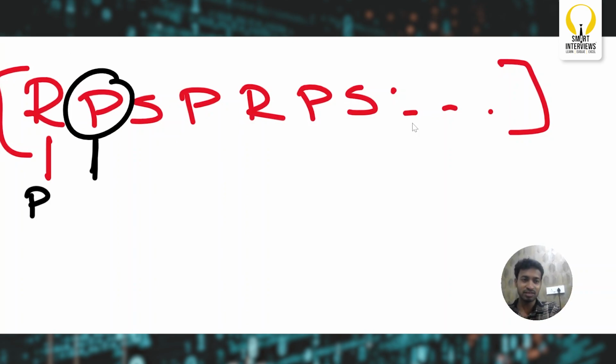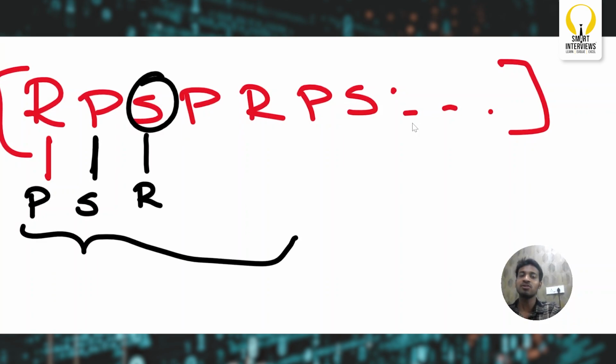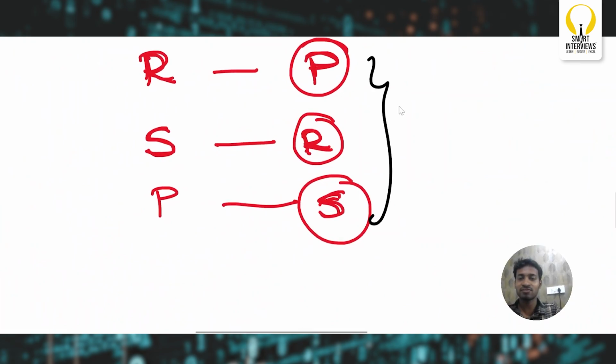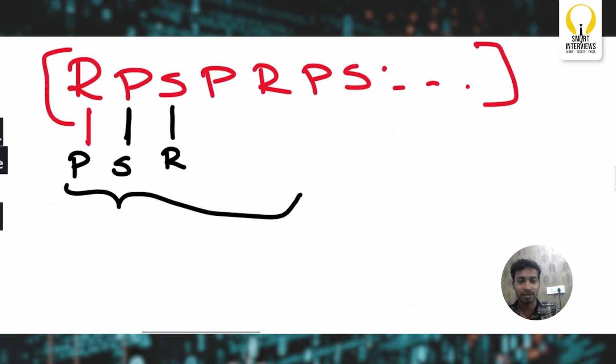To win at this position, you can go for scissor. Again, if it is scissor, you can go for rock. So the moves that you're going to make at this position will also be different. Whatever it is, if the adjacent ones are not same, you can pick whichever will help you to win that particular game.